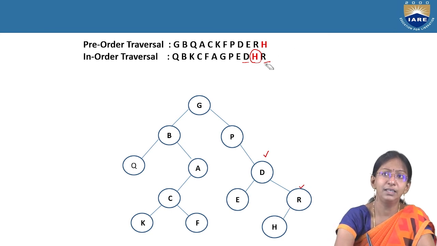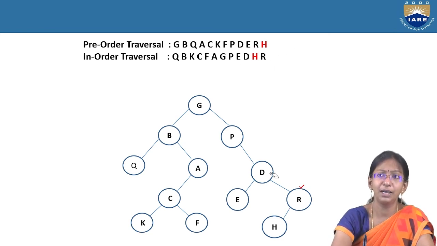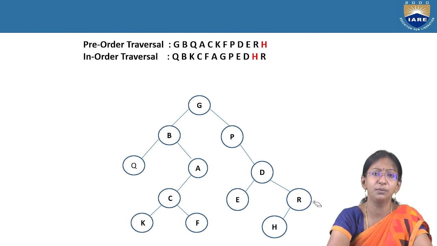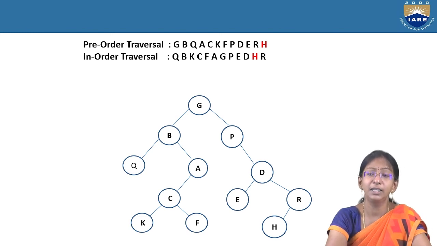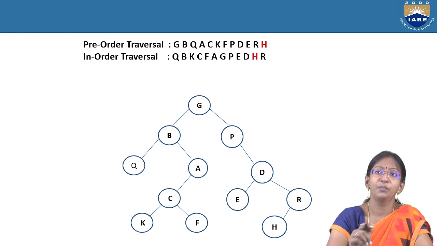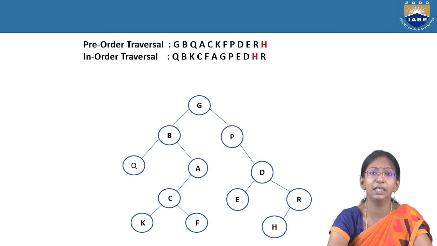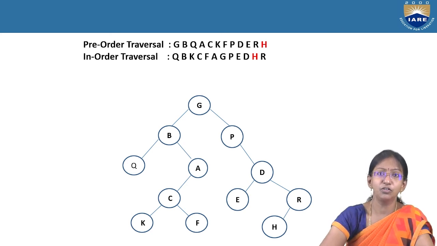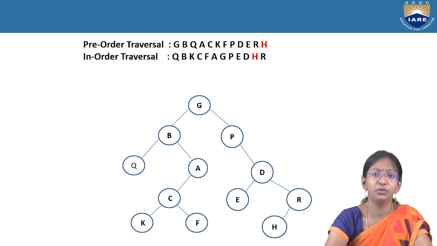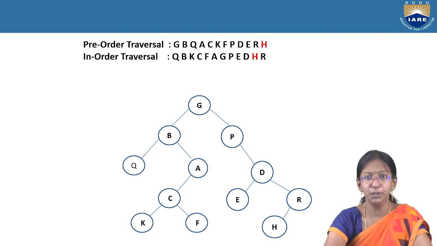So as H cannot have any left or right children, it clearly tells you that H is a leaf node. And in the preorder, this is the last element which we have taken. So, construction of the binary tree for the given preorder and inorder combination is done.